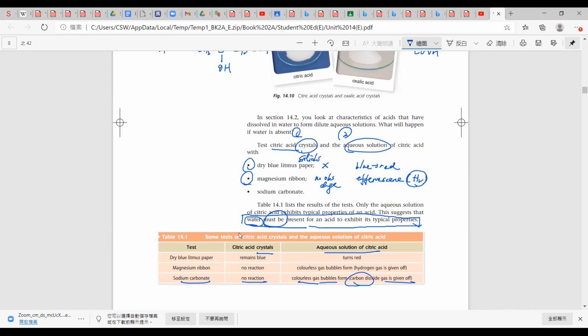The best way to verify the word must be is to make it absent. Without water, no acidic property can be found, but with water, we've got that acidic property. So the conclusion is that water must be present for an acid to exhibit its typical acidic property.